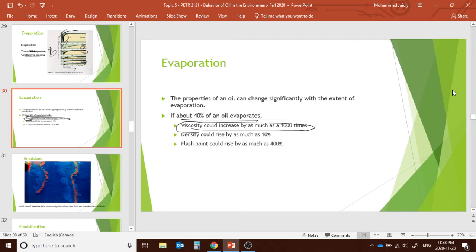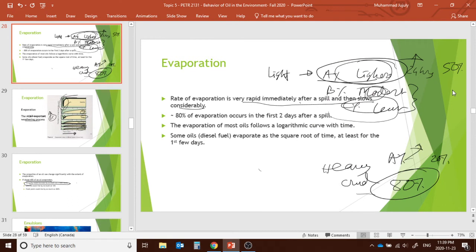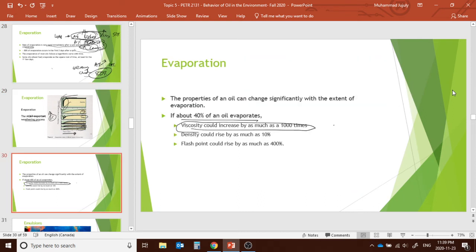For instance, with light crude oil, as I showed before, if the lighter portion goes away, only the moderate and heavy portions remain, and that's why the viscosity increases. The density would rise by 10%, and the flash point could rise by 400%. Why is increased viscosity alarming? Because if the viscosity is higher, it is difficult to clean up. So that's exactly why.